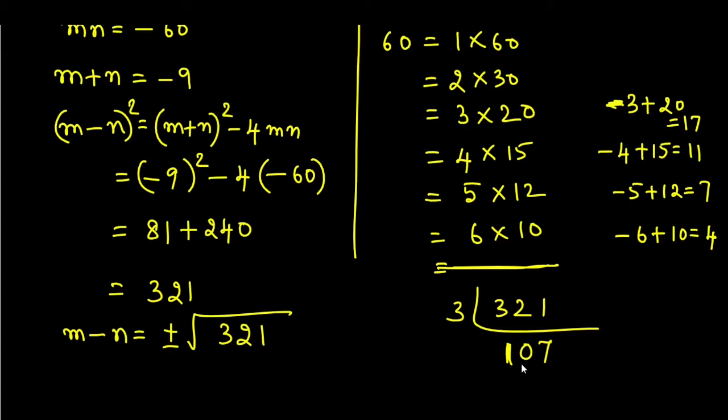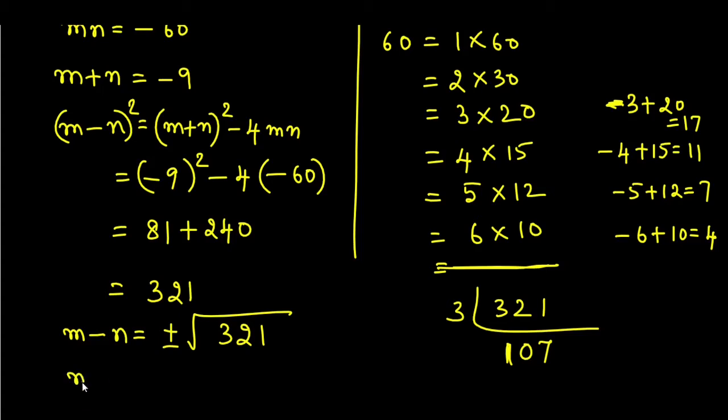It is not divisible by 7. It is not divisible by 11. It is also not divisible by 13. So 107 is a prime number. So m minus n is square root of 321 only.